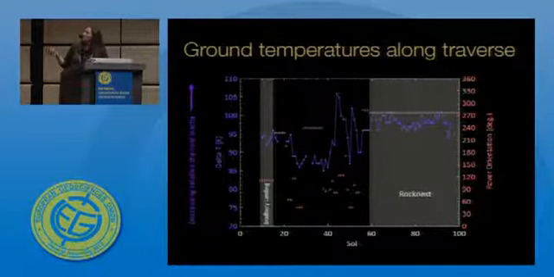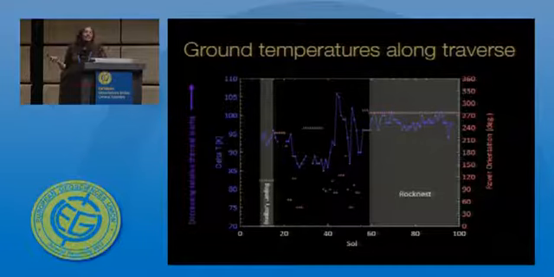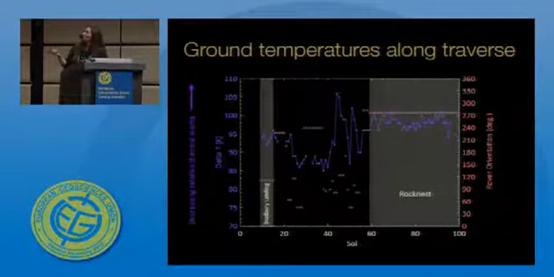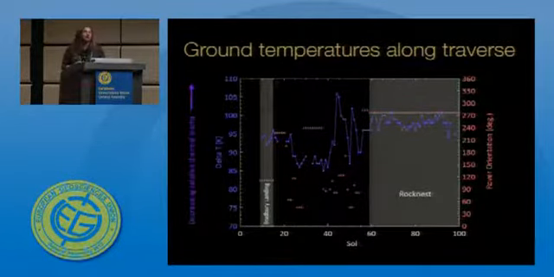As the delta temperature goes up, you're seeing a decrease in the relative thermal inertia of the materials. And so the point here is that we've definitely seen materials that have higher and lower inertias along the traverse.